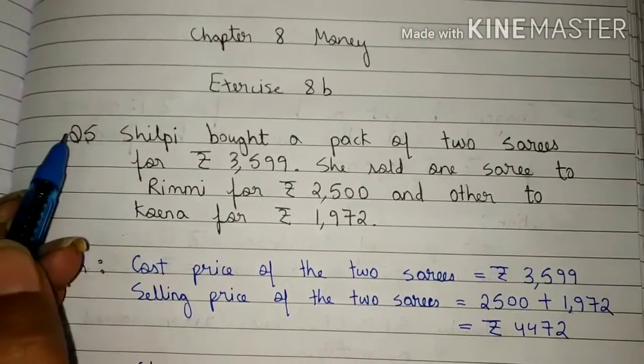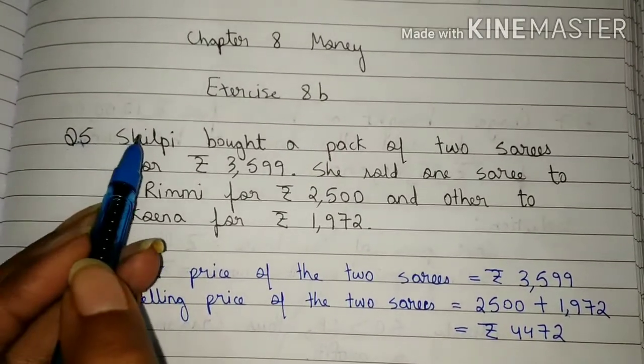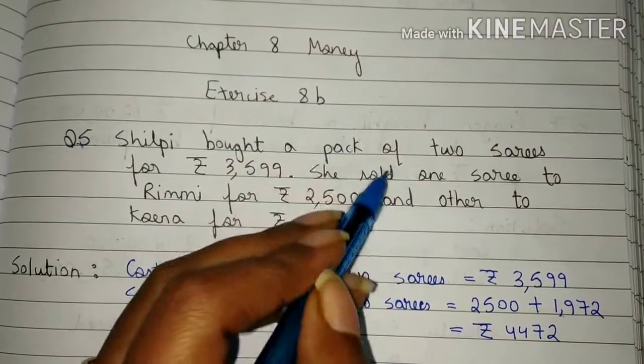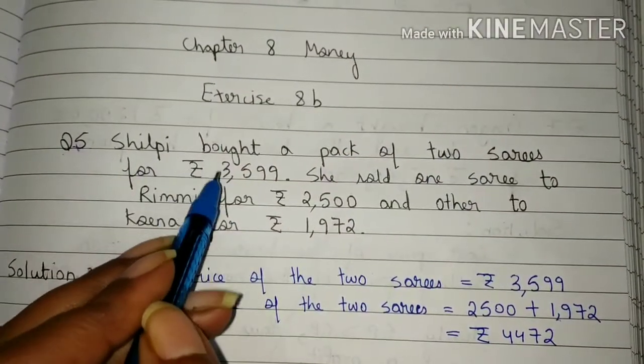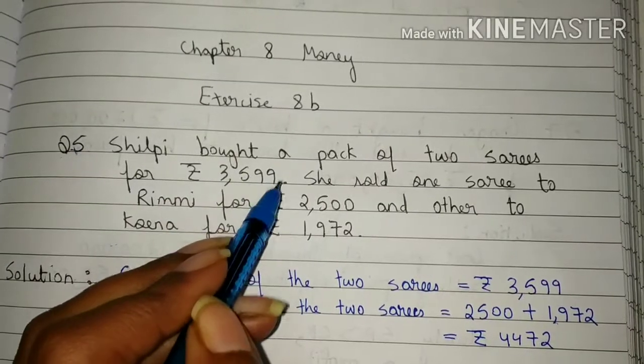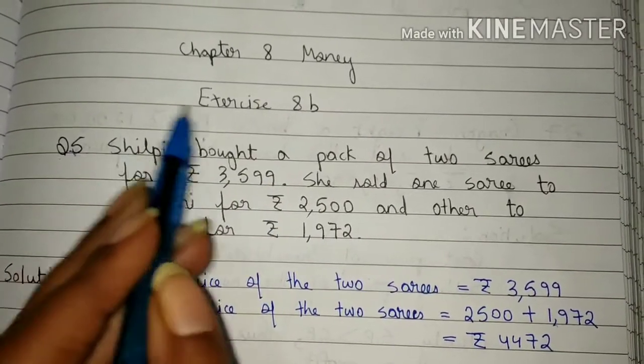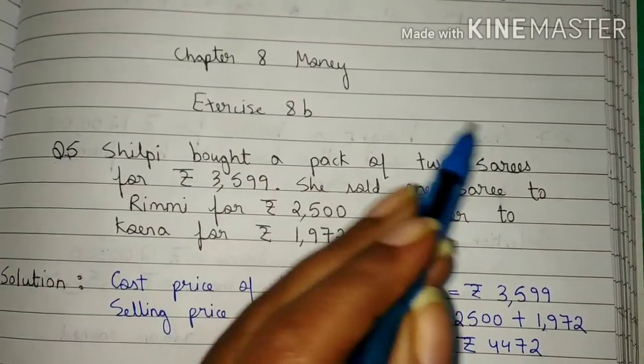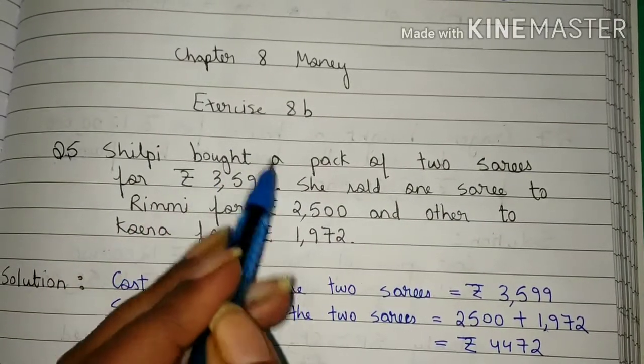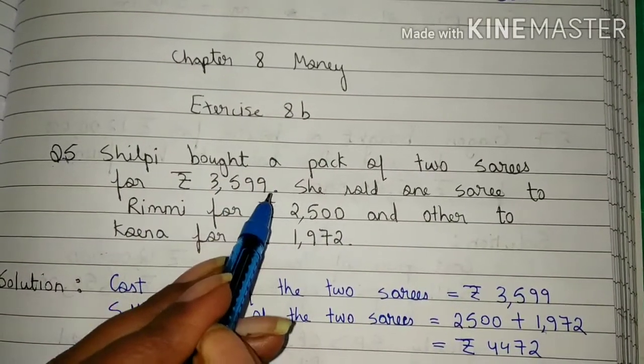Students, here is question number 5. Shilpi bought a pack of 2 sarees for rupees 3599. It means Shilpi purchased a pack of 2 sarees for rupees 3599.